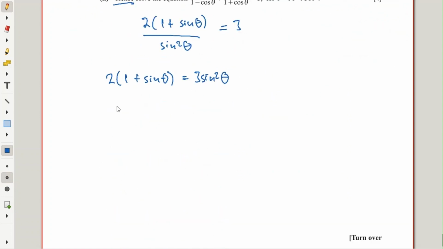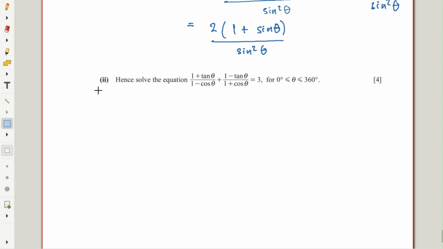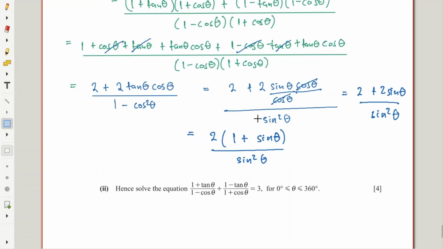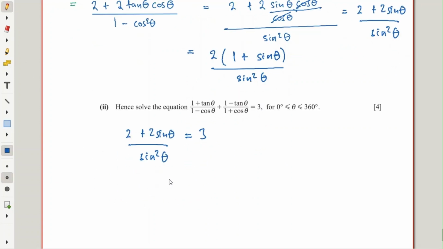Okay, so we are going to... you say hence. Whenever you see hence, that means you are supposed to use your previous answer, right? So we know this one already. So I can apply it to solve the question. So here I can multiply this by this.